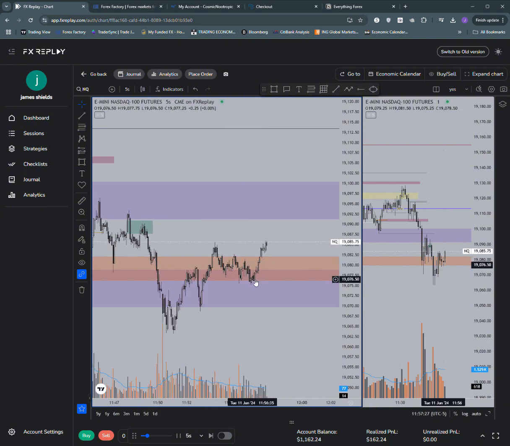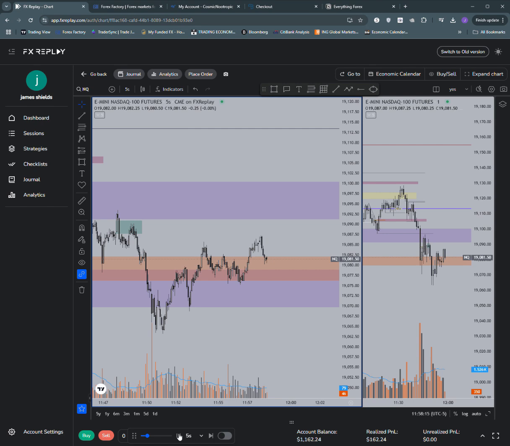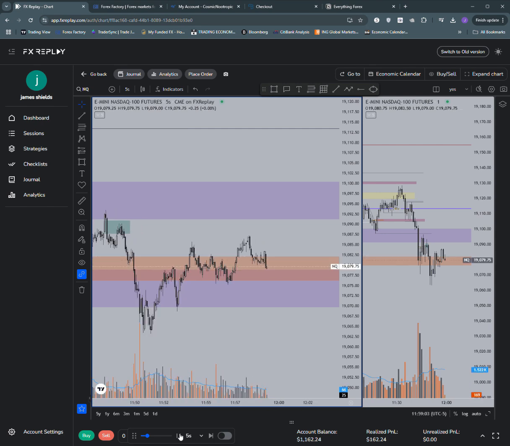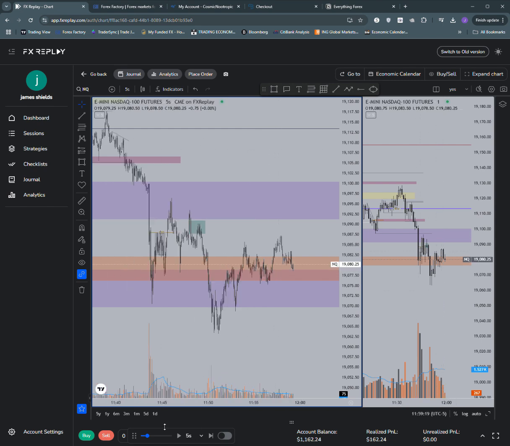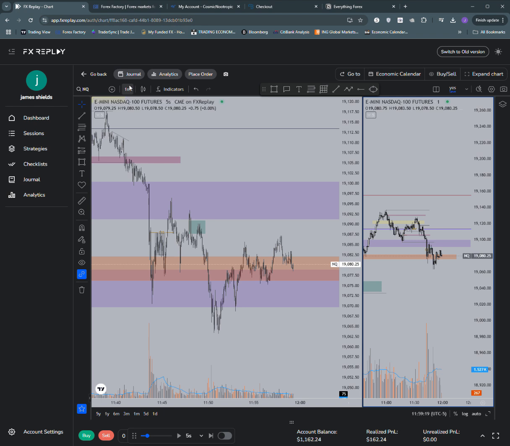We got this like consolidation and expansion. Price is having trouble going higher. And now we'll just speed by lunchtime.